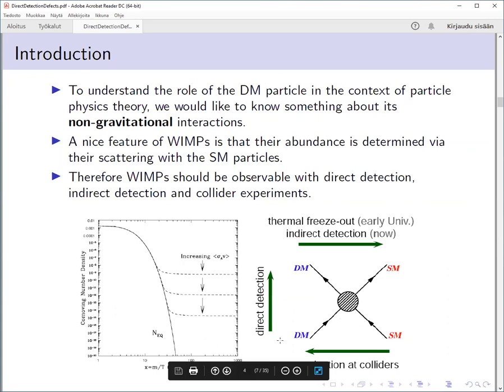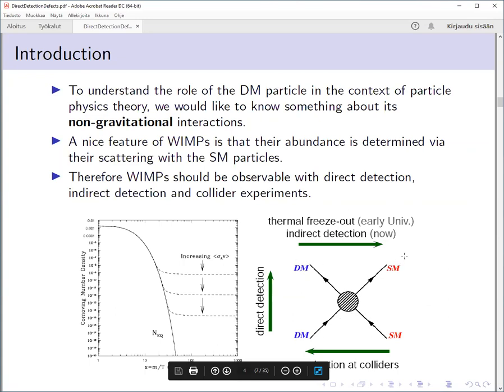And then the third way of observing the same scattering diagram, which is now the topic of this talk, is so-called direct detection. So we are trying to see an initial state consisting of one dark matter particle and one standard model particle going to a final state of one dark matter and one standard model.